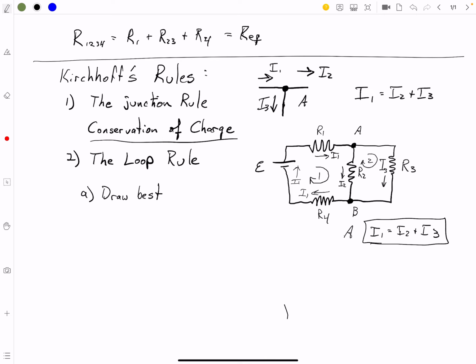So you want to draw it the right way so you end up with a positive, and then you don't have to switch everything around. But it doesn't matter. If you end up with an I that's going in the wrong direction, that's okay. You just say, well, it's going in the other direction. So draw your best guess for the currents' direction.